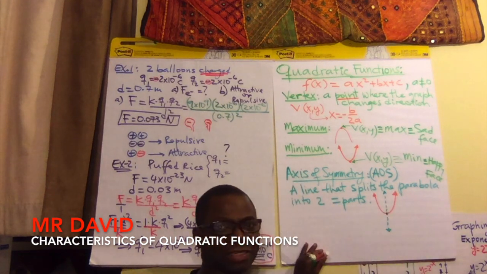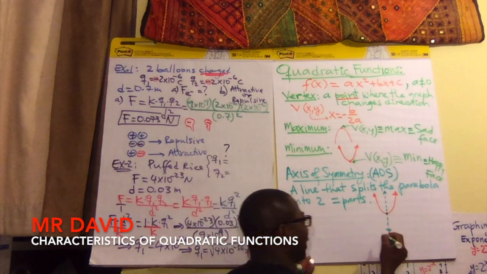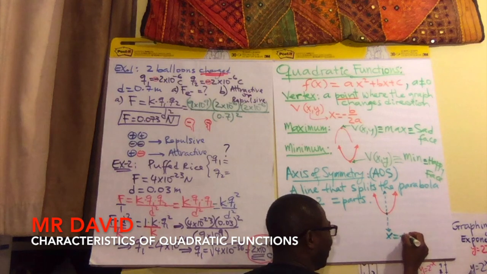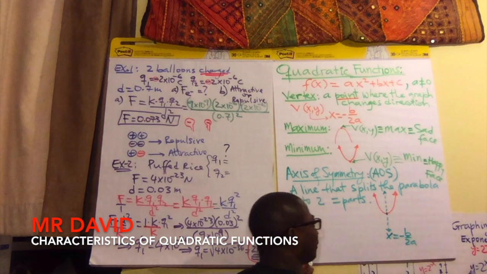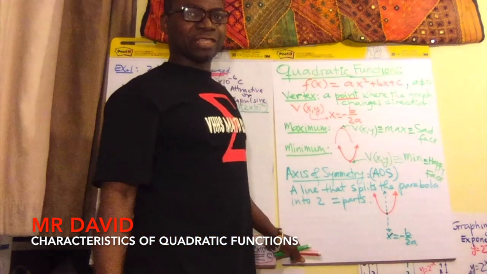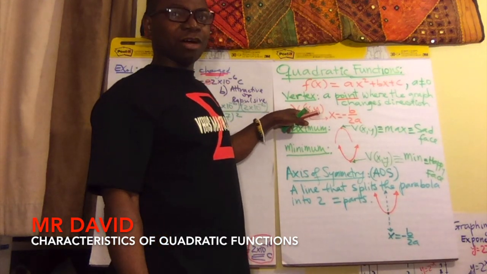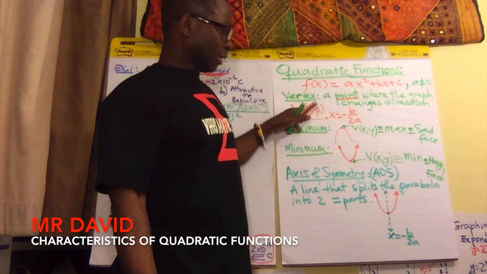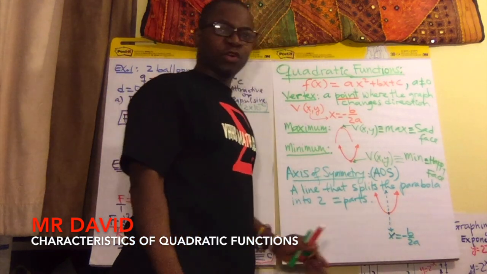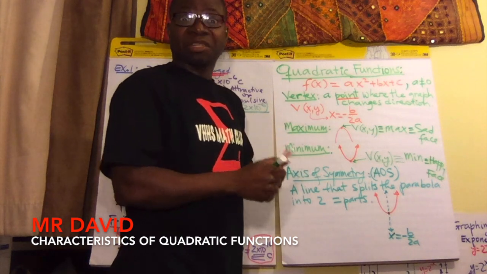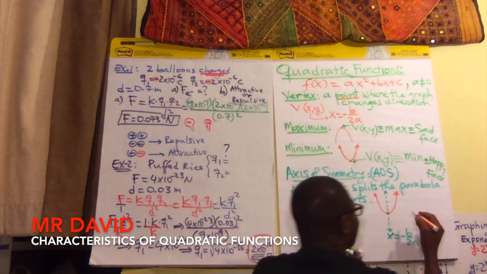This is the axis of symmetry. So this is x, whatever x is. x is negative b over 2a. The axis of symmetry is the x coordinate of the vertex. That's your axis of symmetry. If it's a sad face, same thing. Nothing changes.